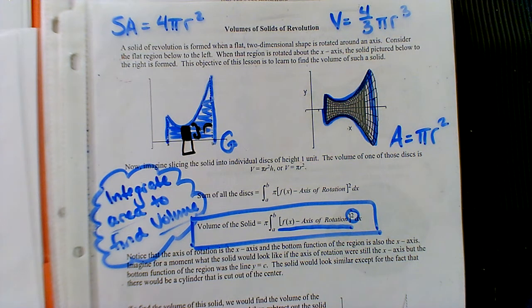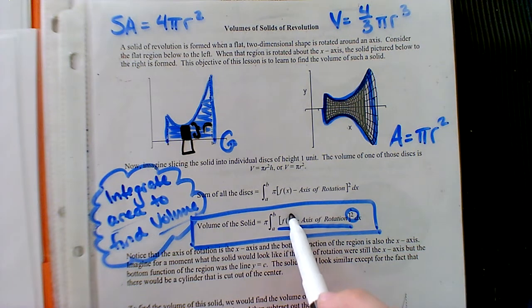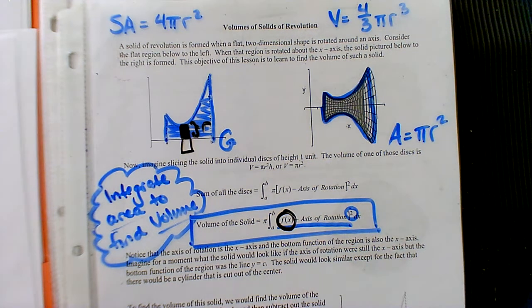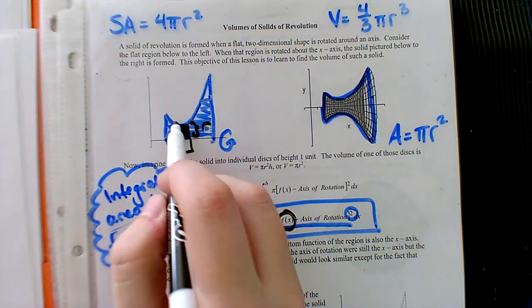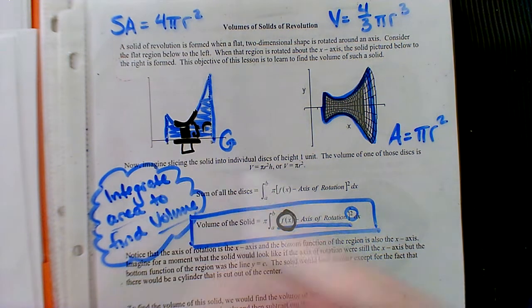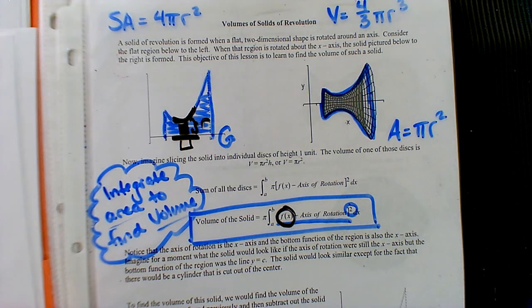Okay, I hope we can visualize that. So notice how the radius is simply your function minus the axis that you are revolving it around. So we have the top, which is the function, minus the axis, which is the bottom. Just like we've been doing the last few days, we have top function minus bottom function.